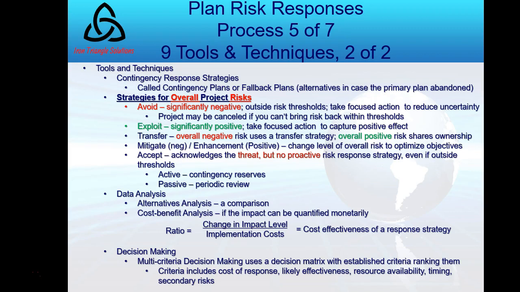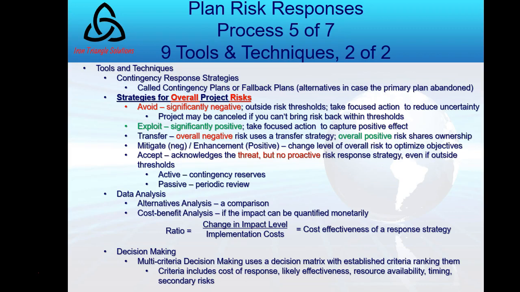Now, in data analysis, there are 2 types: alternatives and cost-benefit analysis. Alternatives is just a simple comparison of the requirements of alternate risk responses. I have this risk response or that risk response. Which makes sense? And then there's cost-benefit analysis.